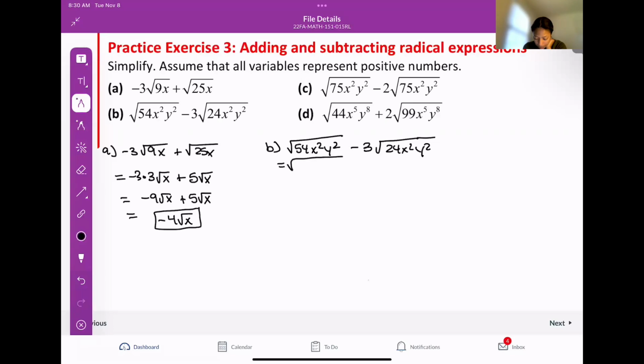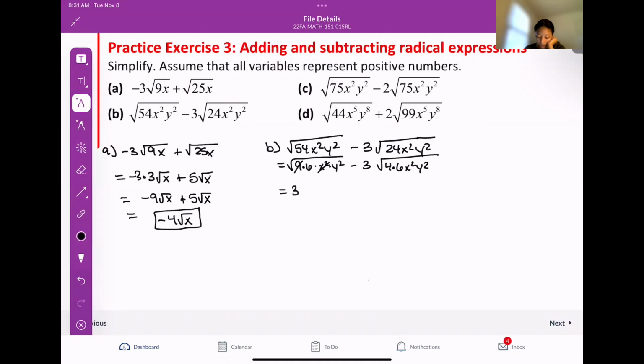So this would be 9 times 6 times x squared times y squared minus 3 square root of 4 times 6 x squared y squared. Now we can pull out lots of things from under the radical. The square root of 9 is 3.